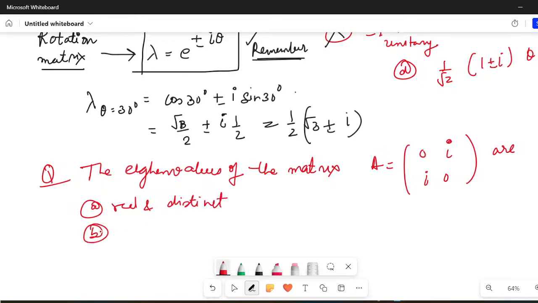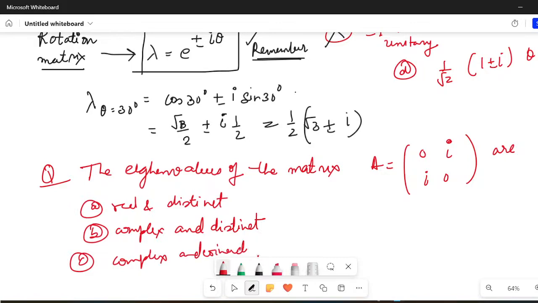Option B, complex and distinct. Option C, complex and coinciding. Option D, real and coinciding. So let us do this problem.